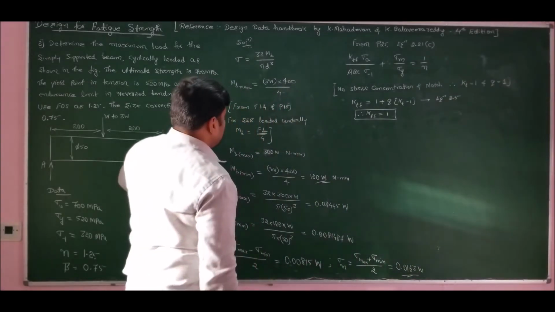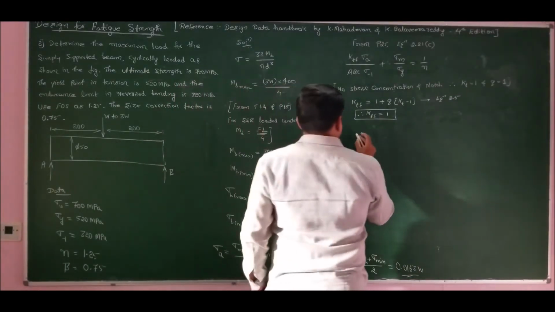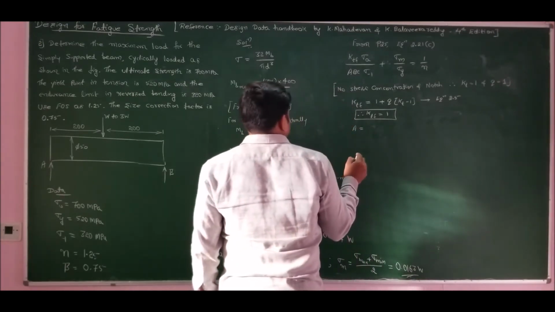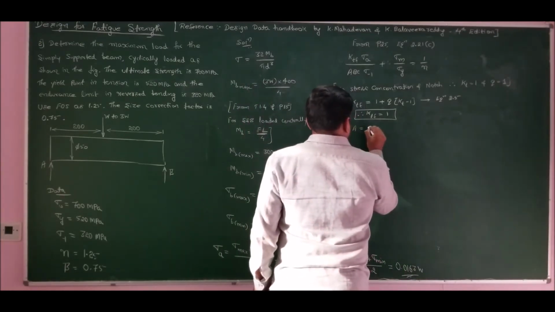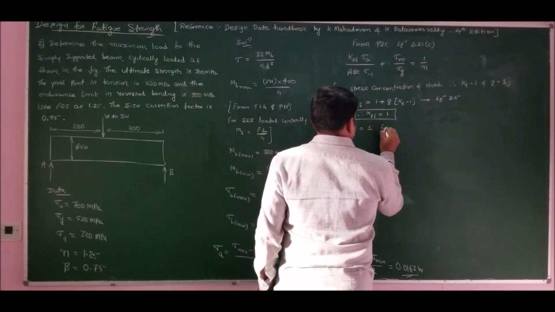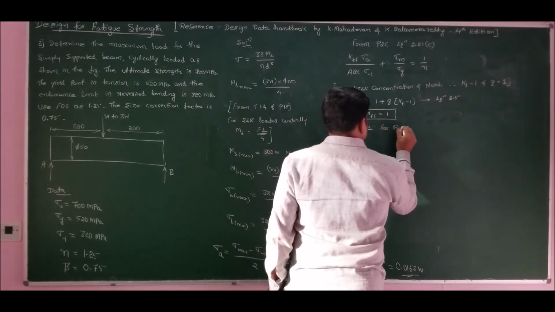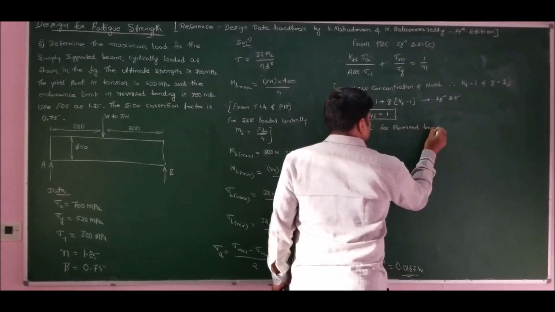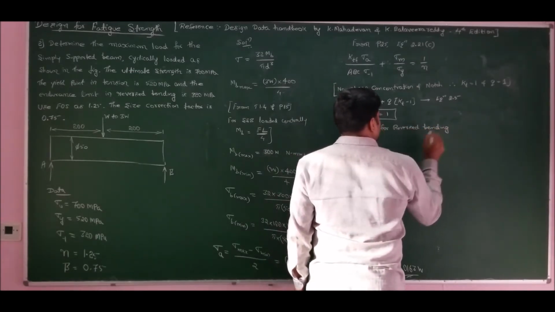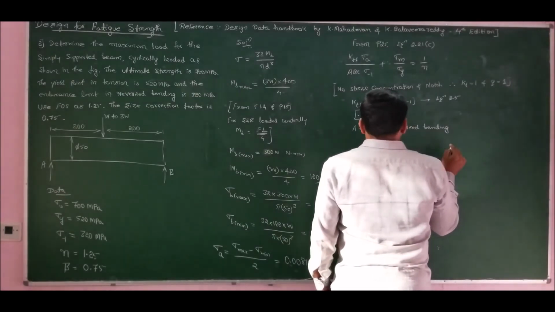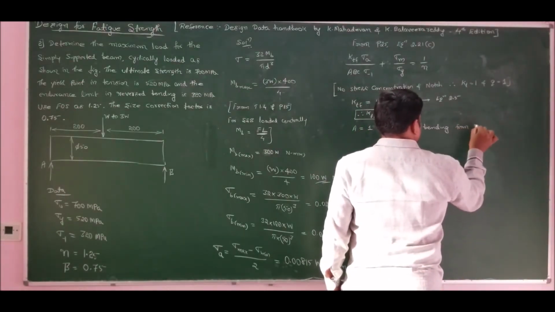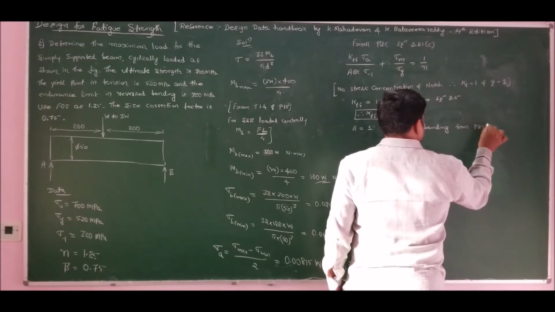Apart from that, I want the values of A, B, C. Coming to the value of A, the load correction factor, A is equal to 1 for reversed bending from page 25.